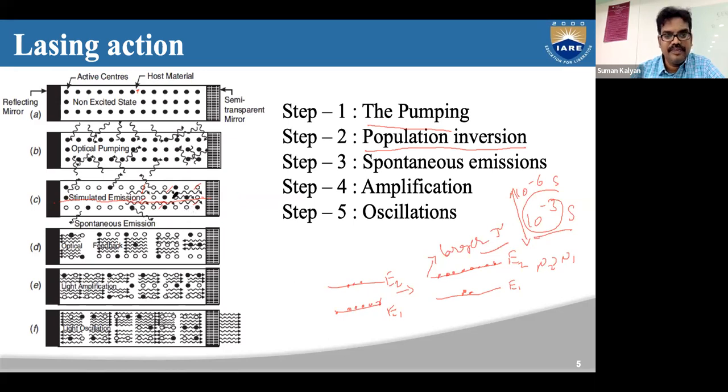These photons are parallel to the optical axis, and on their way they stimulate other atoms. Once they reach here, more photons are generated and go back again. Now, what happens? Do all the photons from here get reflected?